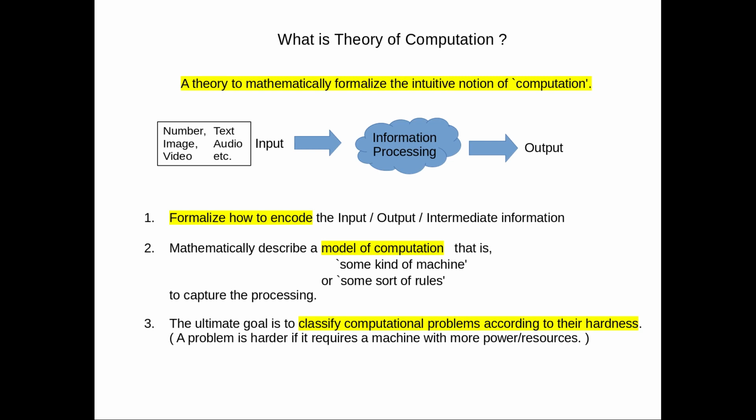Some problems take more time, some take less time, some take order n square, some take order n, some take order n log n. Those are some kind of classification of problems according to their hardness. And by hardness we mean how much resource it takes, right?